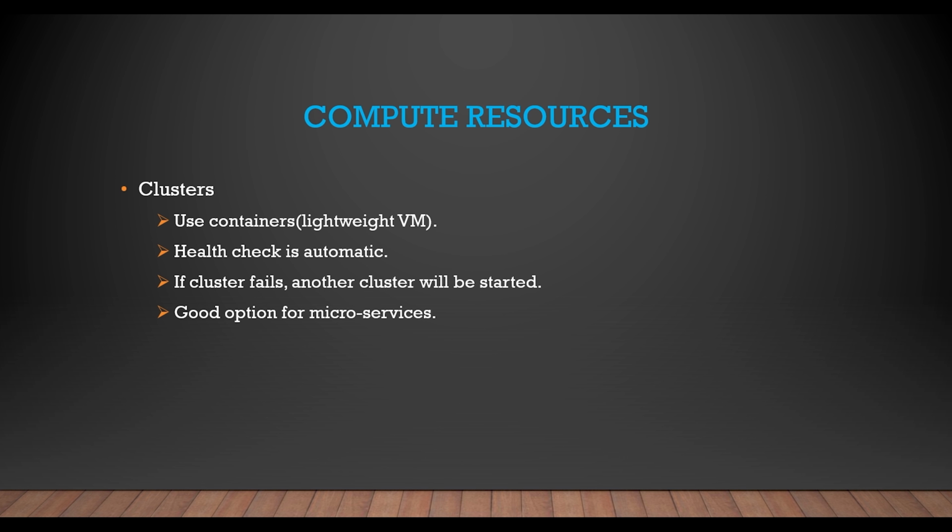For the clusters, GCP uses containers, also known as lightweight virtual machines, and it automatically does a health check where it checks the health of the clusters, and if one fails, another cluster will be started.